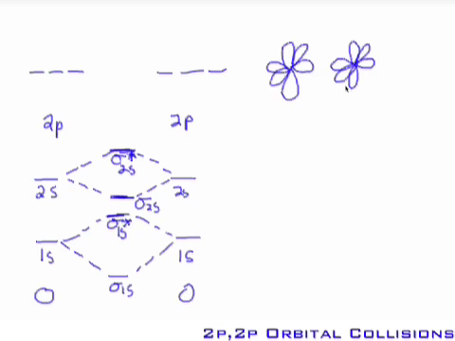It might be better if I try drawing these with different colors. So the one along the y-axis, I will use blue. The one along the x-axis, I'll use red. And the one coming out, I will use green.